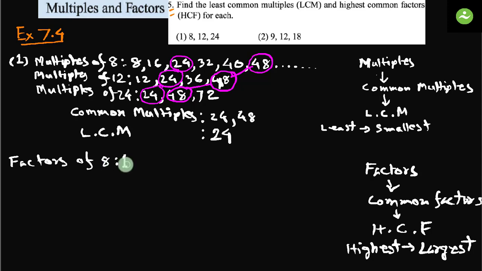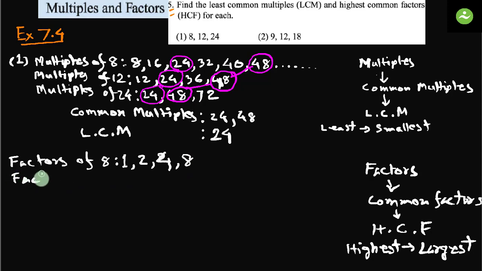We divide 8 by 1 and there is no remainder. 8 is evenly divided by 1, so 1 is a factor of 8. 2 divides 8, so 2 is a factor. 3 doesn't divide 8 because there is a remainder, so 3 is not a factor, but 4 is a factor. 5 not, 6 not, 7 not, 8 is a factor.